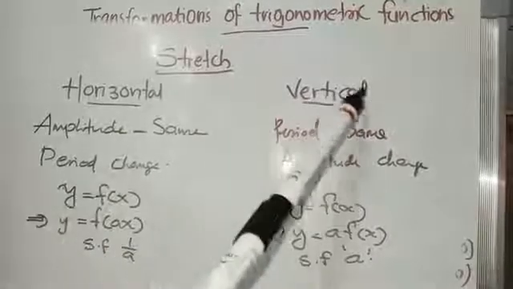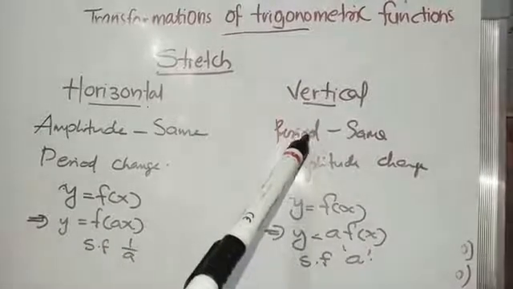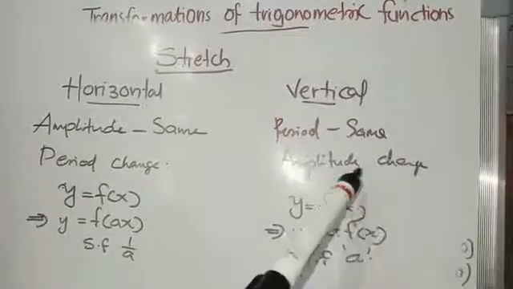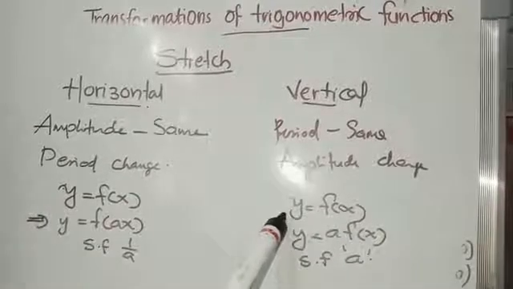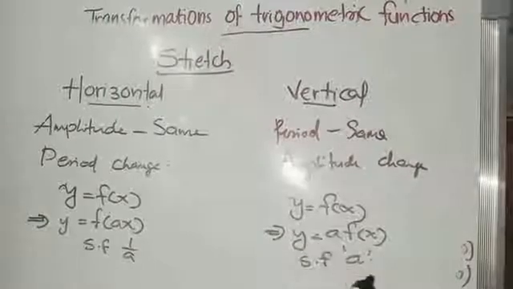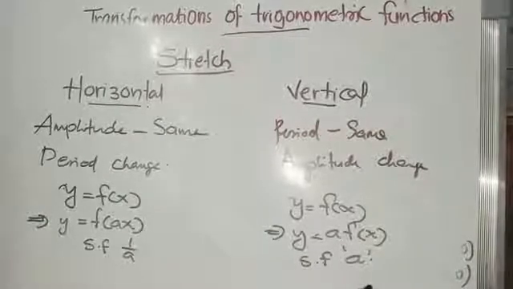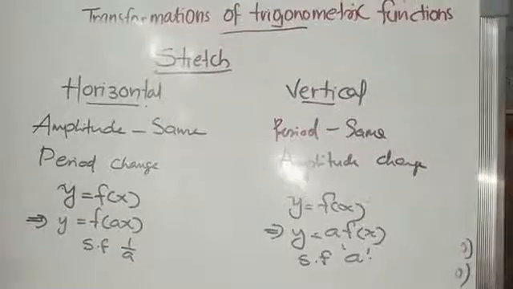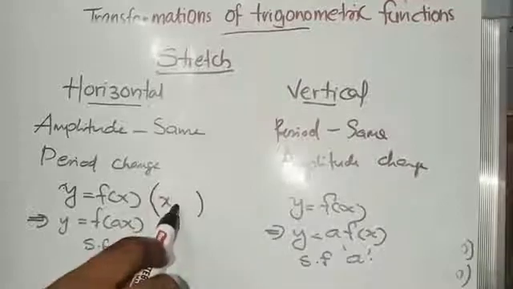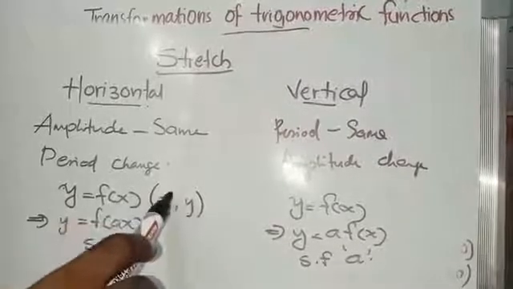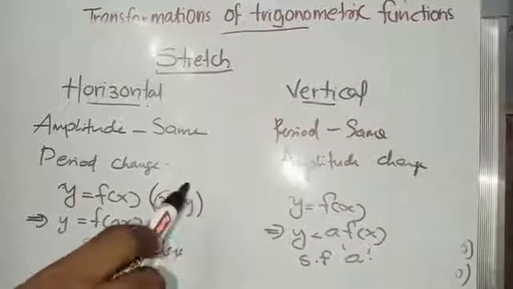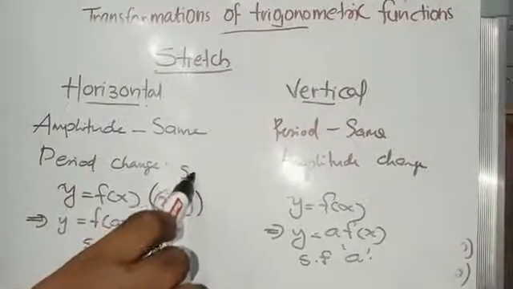In the case of vertical stretch, the period remains the same and the amplitude changes, as the height changes. y equals f of x becomes y equals a f of x with a stretch factor a. So in horizontal stretch, the change happens to the first coordinate and the y coordinate remains the same.